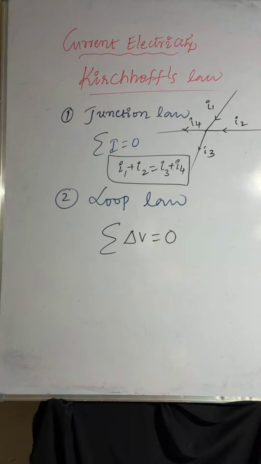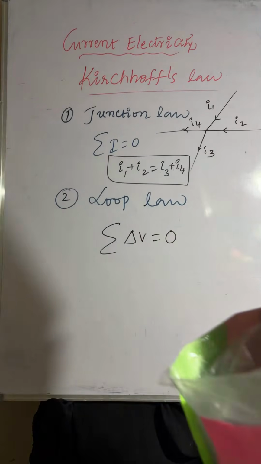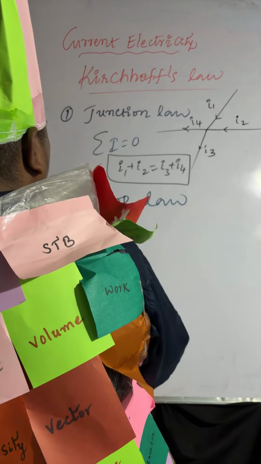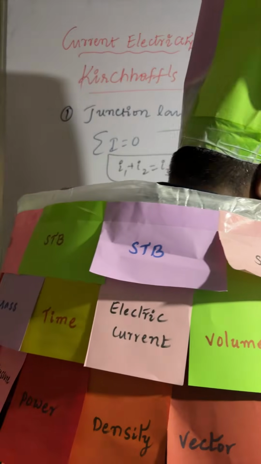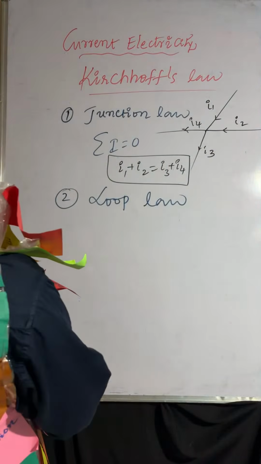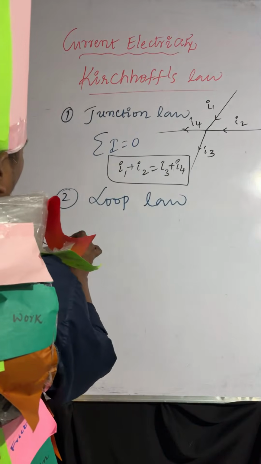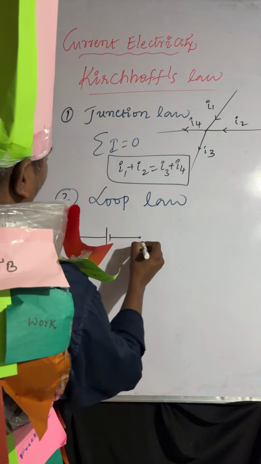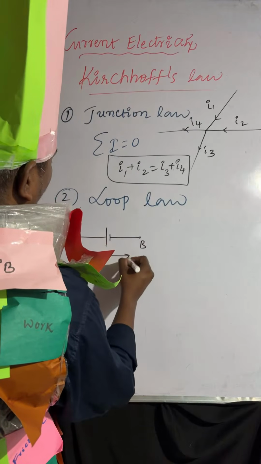Now coming to the Kirchhoff loop law. So you are moving through the source, like a cell. Here we have to follow four points, point number 1. So cell A, B. We have to decide the path.